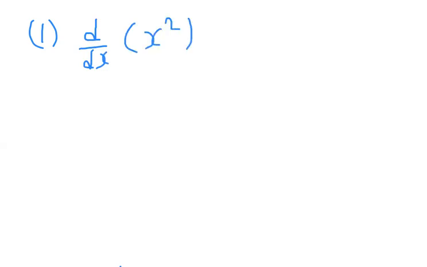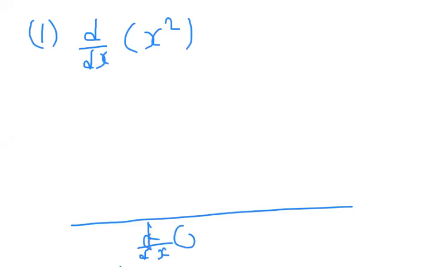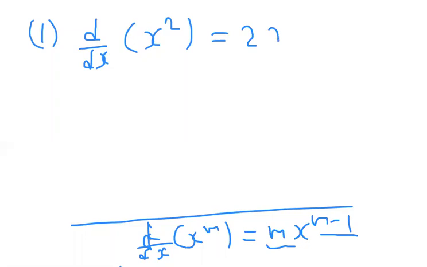What is our formula? D by dx of x power m is nothing but m into x power m minus 1. I have given the formula for you. So d by dx of x square means m into x power m minus 1, that is 2 into x power 2 minus 1, that is nothing but 2x.